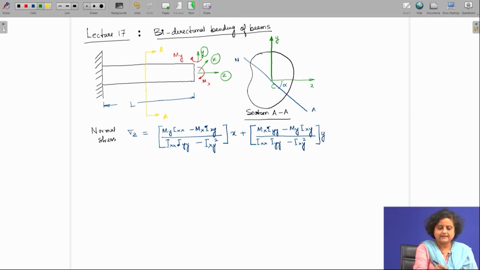In the AA section, the axes of the cross section are x and y as I said earlier, and the moments that are acting are My and Mx.